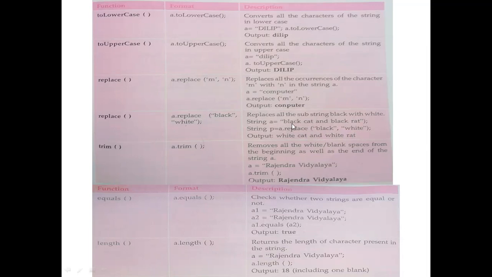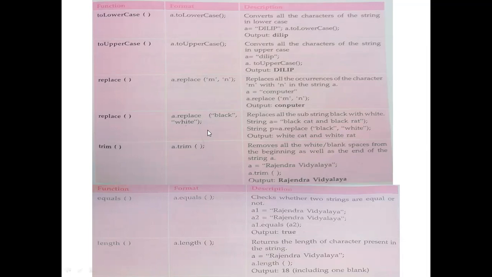So automatically this black becomes white: white cat and white rat. So either you replace one character with another character, or you replace one string with another string.